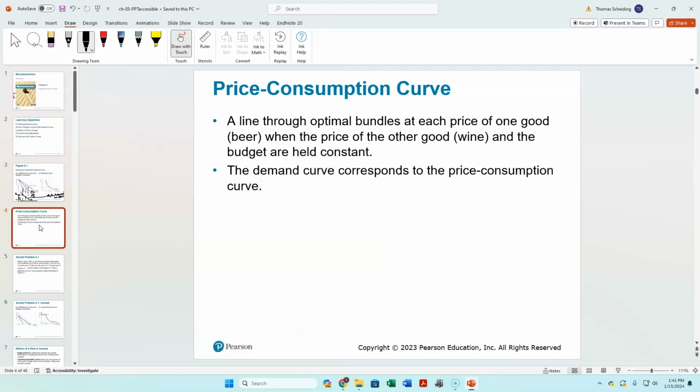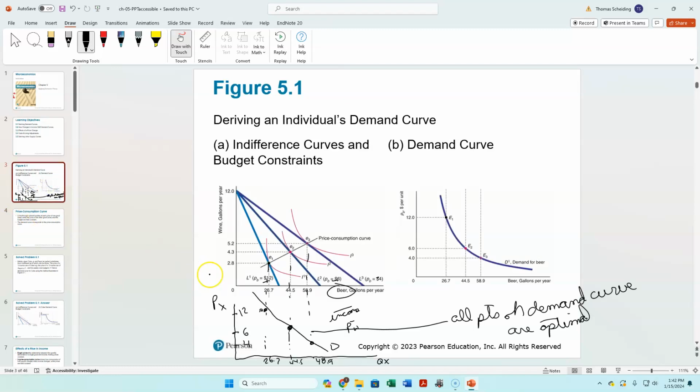And that's what we see right here: the demand curve itself is derived from our indifference curve and budget constraint, which we could alternatively call our price consumption curve. And we again see that optimal interaction here as it starts pivoting out, that each of these points are optimal and represent a point where the MRS is equal to the MRT.